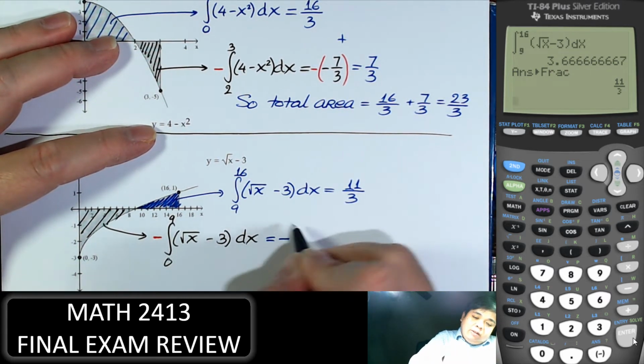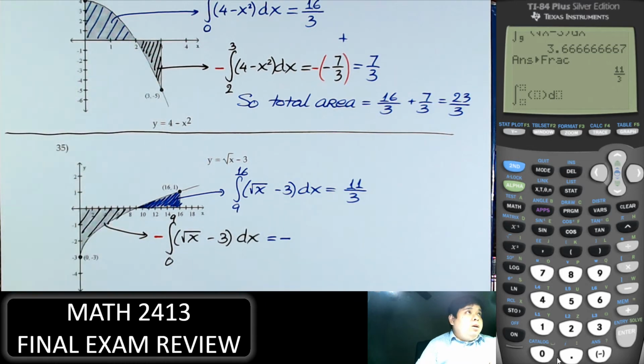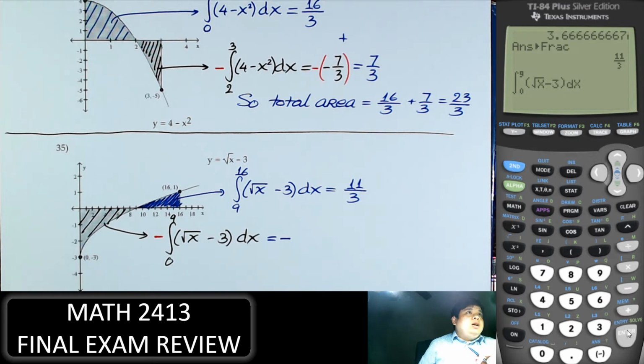Right, negative. Zero to 9, square root of x minus 3. So that should be negative.